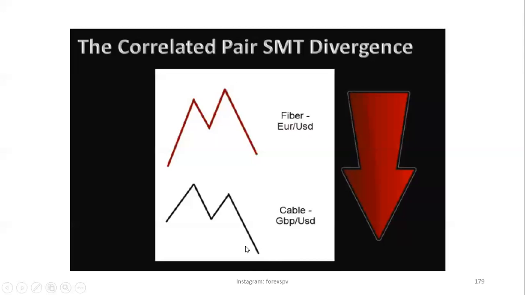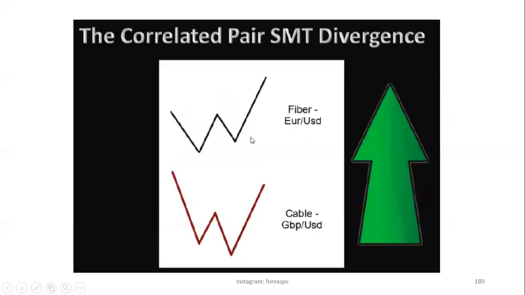So if this moves first, you would know that Euro USD would come back to move later on. The same for an area of support: maybe Euro USD is forming a higher low, and this is forming a lower low. You find Euro USD moving fast, and later on GBP USD moves. So if Euro USD has moved, then you know that GBP USD will also move.